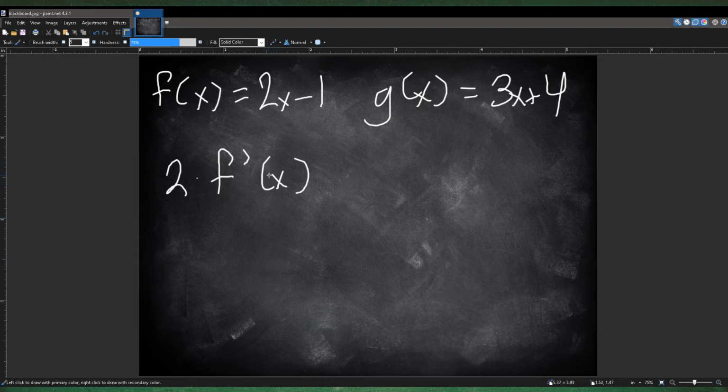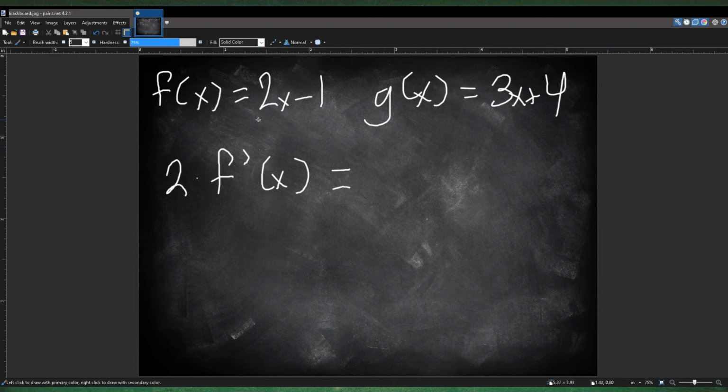But the apostrophe is good. So what we have is 2 times the derivative of f of x, and this is basically saying we have the derivative at that point, which is the constant.